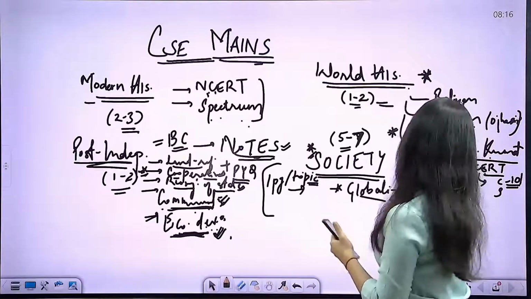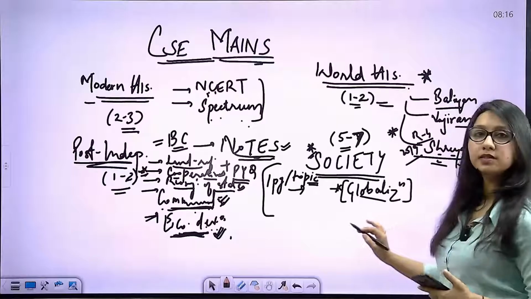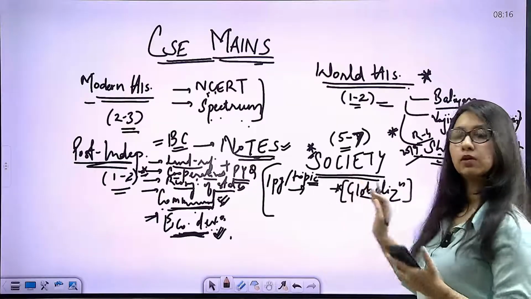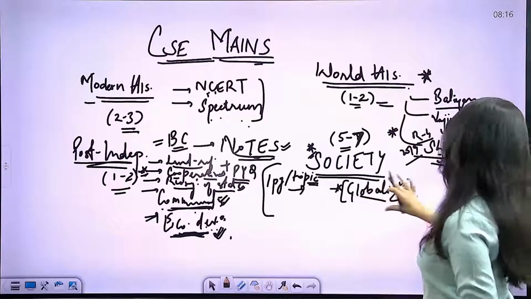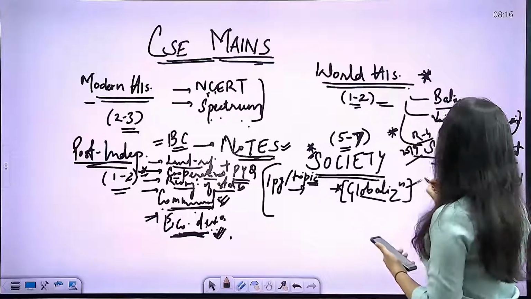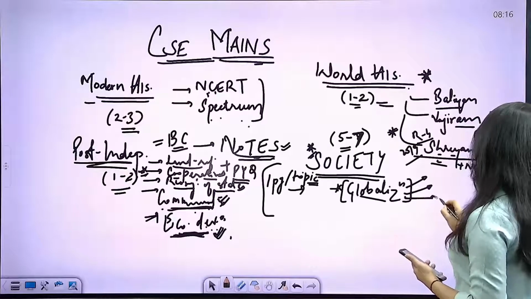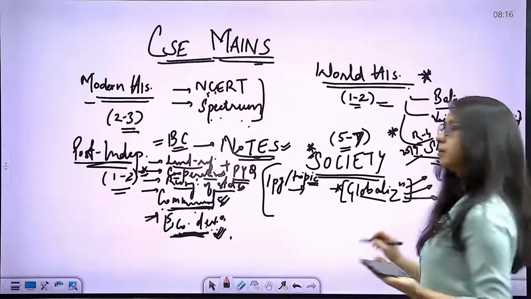Then effects of globalization on Indian society. When you read globalization, apart from the economic definition and the economic impact, you have to analyze it on society. It might be the effect on women, on the nation, on youth as we talked about, or on the economy.